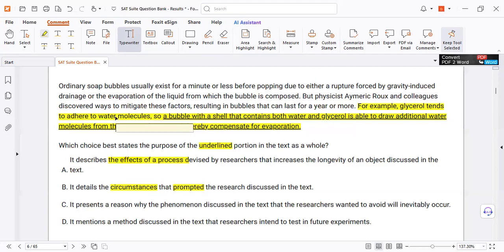Cause and effect. Cause and effect. Catch it? So stick it to water molecules. Cause what happened? All of that. So delay is the best answer. That's all, my friend. Catch it? Yes.